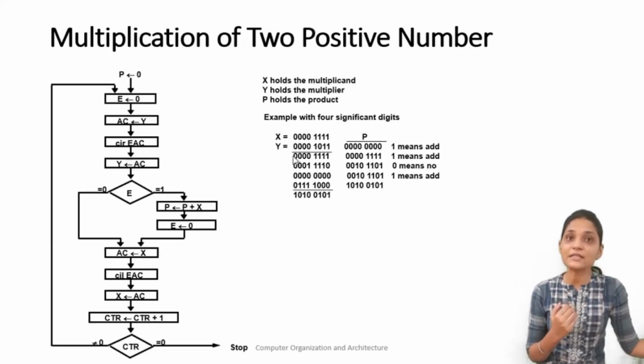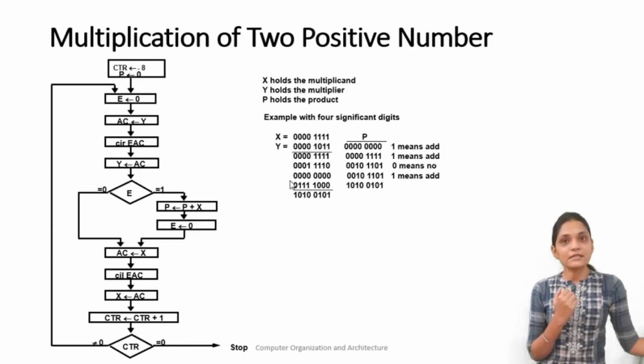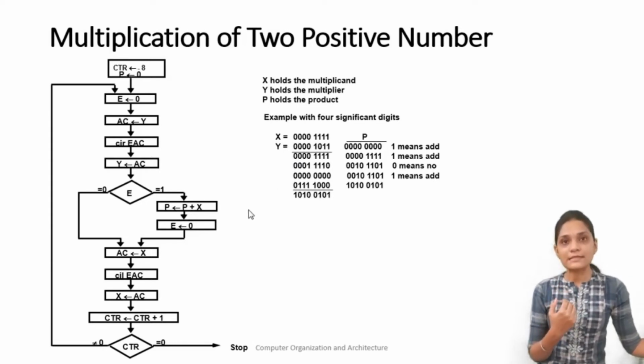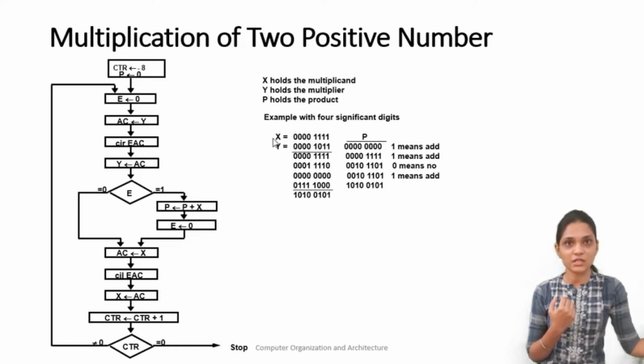Before that, let me show the flow chart for all of this task. As we want to design this by using instructions, we have to use some memory locations to store this content: the multiplicand, the multiplier, and the partial product.